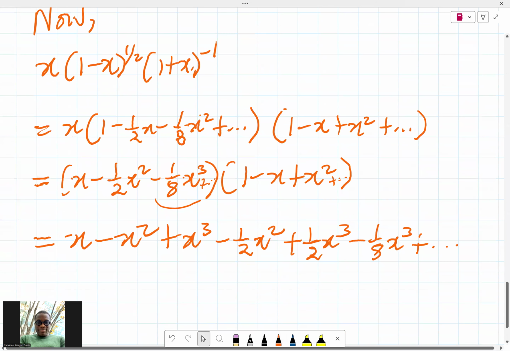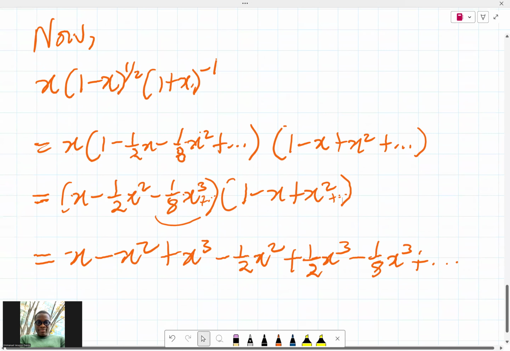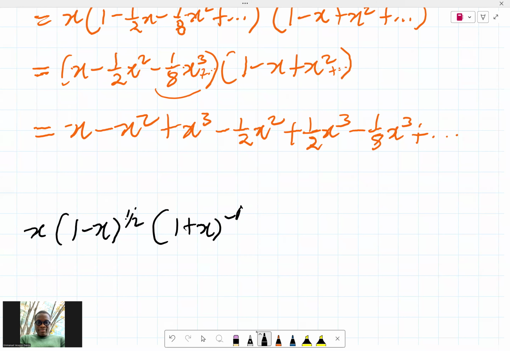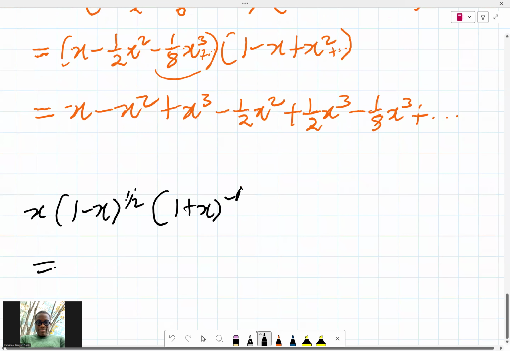Now we can take it further and say that this x into 1 minus x raised to power half into 1 plus x raised to power minus 1 is the same as, so let's put similar powers together. For powers of 1, we have only x.